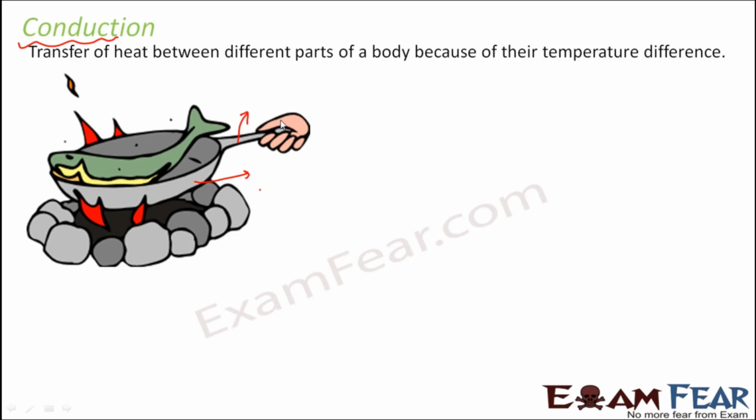The same object is being heated, but different parts of the body are being heated because there is a difference in temperature. This has a higher temperature than this, so heat flows from here to here, and that's how the handle also gets heated. This is an example of conduction. Heat is always transferred from the hotter end towards the colder end. That is how heat transfer takes place.